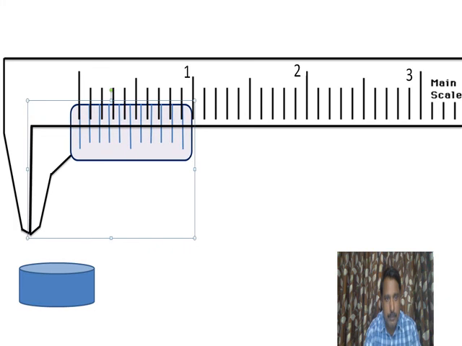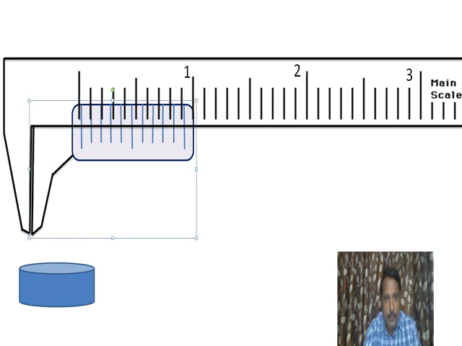How much distance have we moved, friends? We have moved from this mark to this mark, meaning one division of the main scale. And understand that by how much distance we have moved, we can certainly quantify on the basis of the number of the division which is coinciding with the main scale.